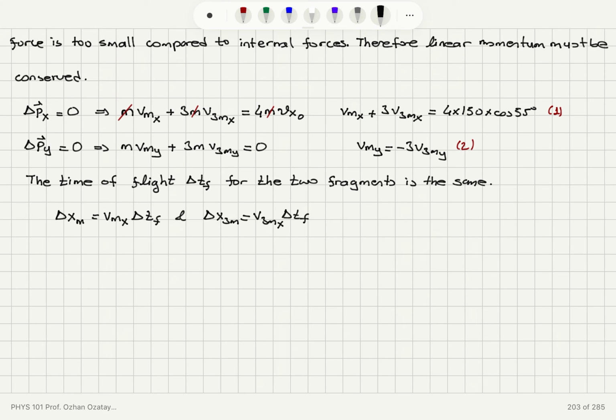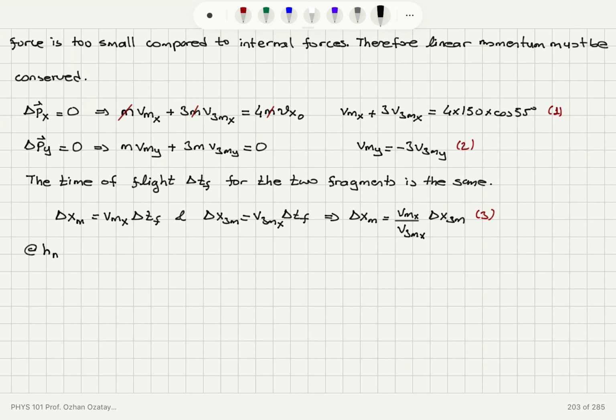And because we have the same time of flight here, the distance traveled by m will be the ratio of the x components of the velocities, vmx to v3mx, times delta x 3m. This is the third equation.